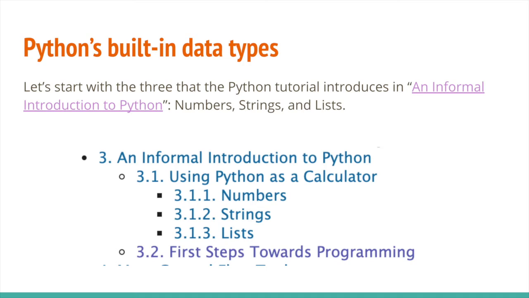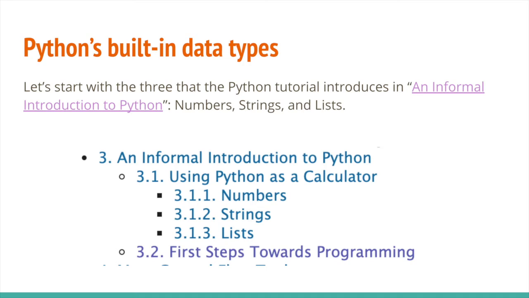So let's start with, when we talk about Python's built-in data types, of which it has many, let's start with three that the Python tutorial introduces in an informal introduction to Python: numbers, strings, and lists. So that is what you see.